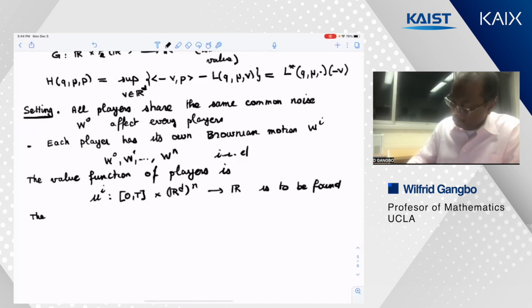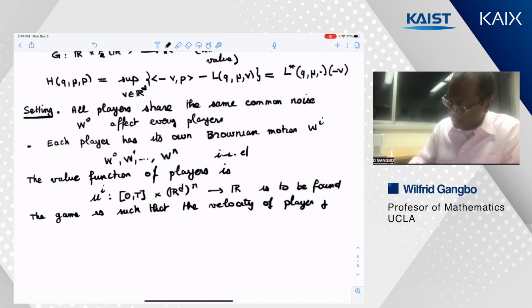The game is such that the velocity of player j is v_j. It depends on u, where I set u is u_1 to u_n.